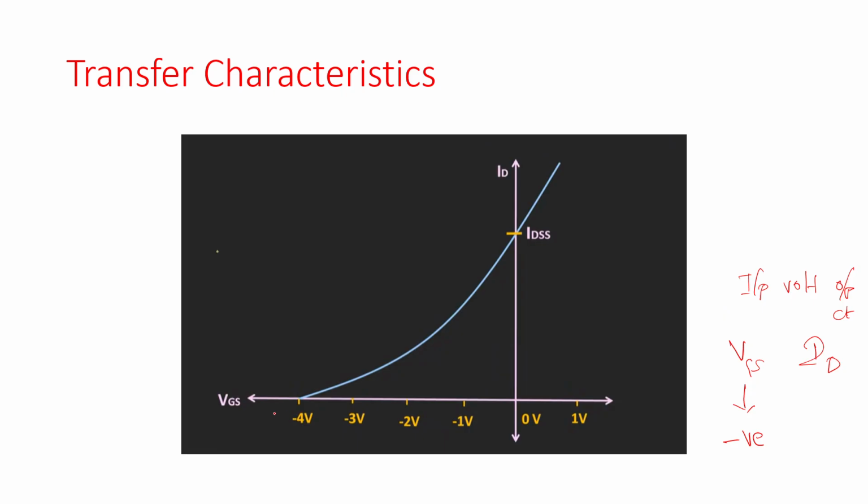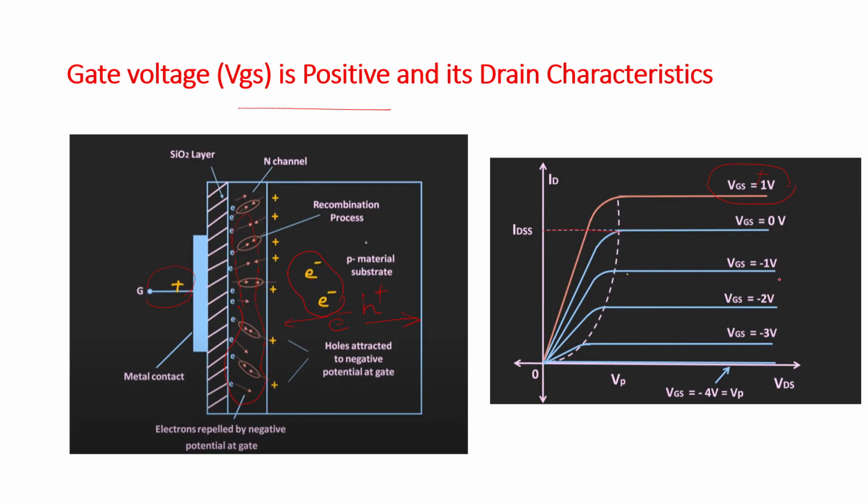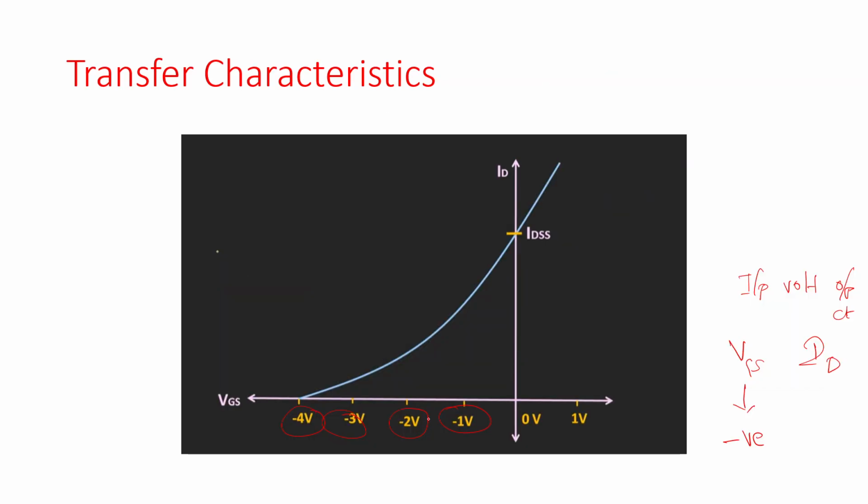So then the scale will be negative VGS, for the values we discussed: -1, -2, -3 and -4. The same values we take here versus ID, and you will get the transfer characteristics. This transfer characteristics of depletion type is the same as your JFET, N and P type.